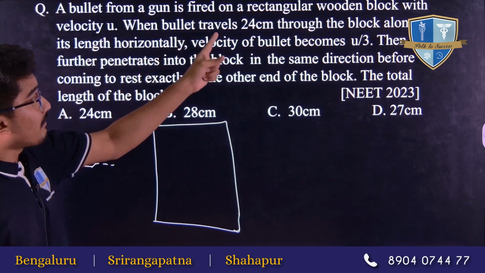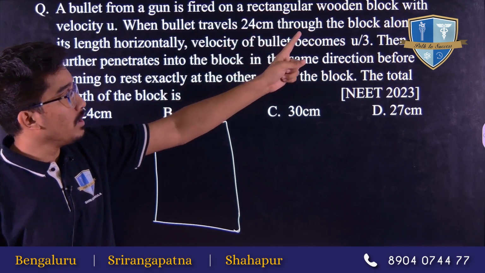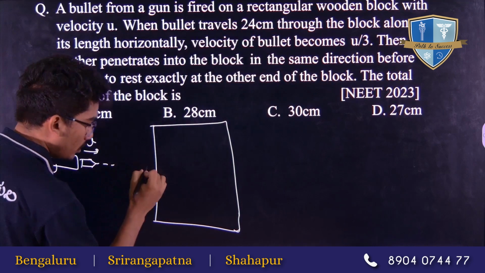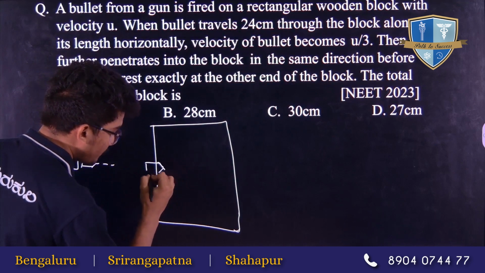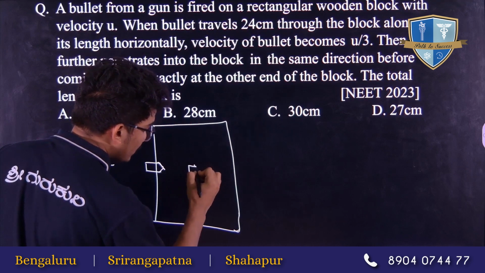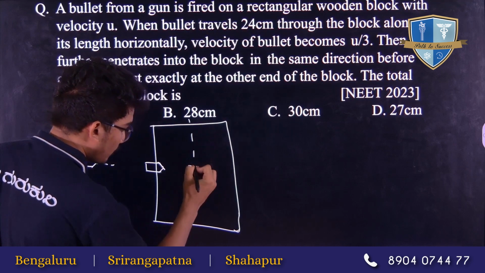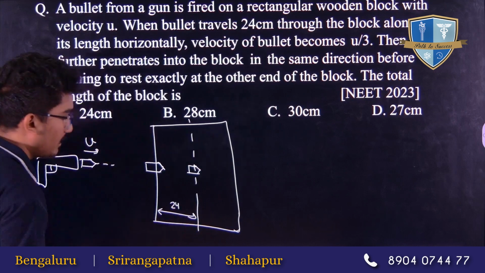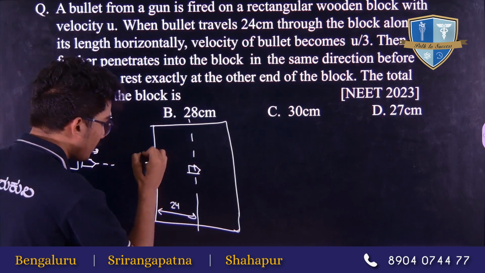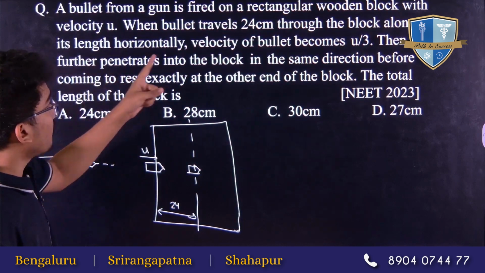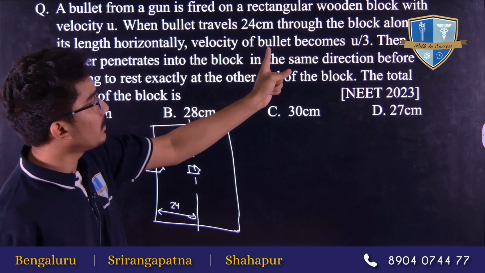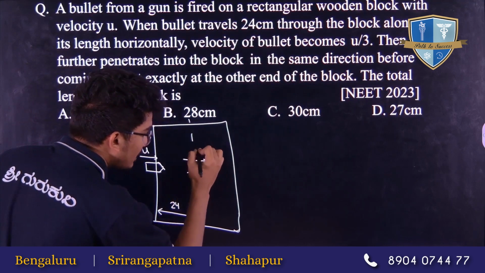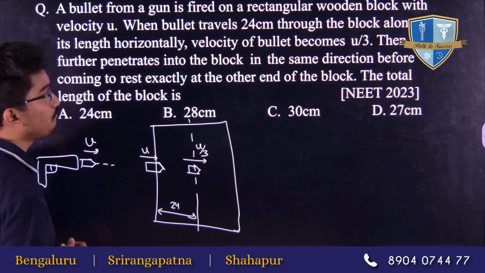Now when bullet travels 24 centimeter through the block along its length horizontally, it will go inside the block and travel 24 centimeters. So initially the velocity is u, and when it traveled 24 centimeters, the velocity of the bullet became u by 3.